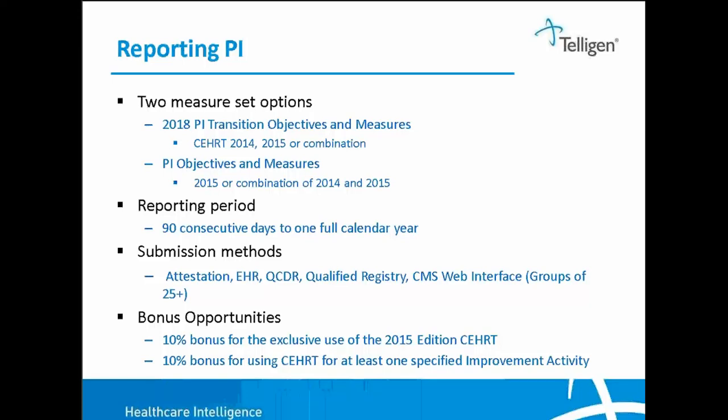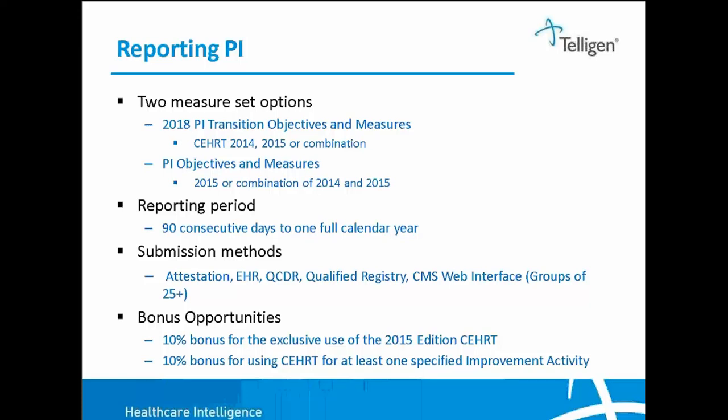The minimum performance period is 90 consecutive days up to 1 full calendar year, and submission methods remain the same: attestation, EHR, QCDR, qualified registry, and the CMS web interface, which is for groups of 25 plus. There are two bonus opportunities that you may want to take advantage of.